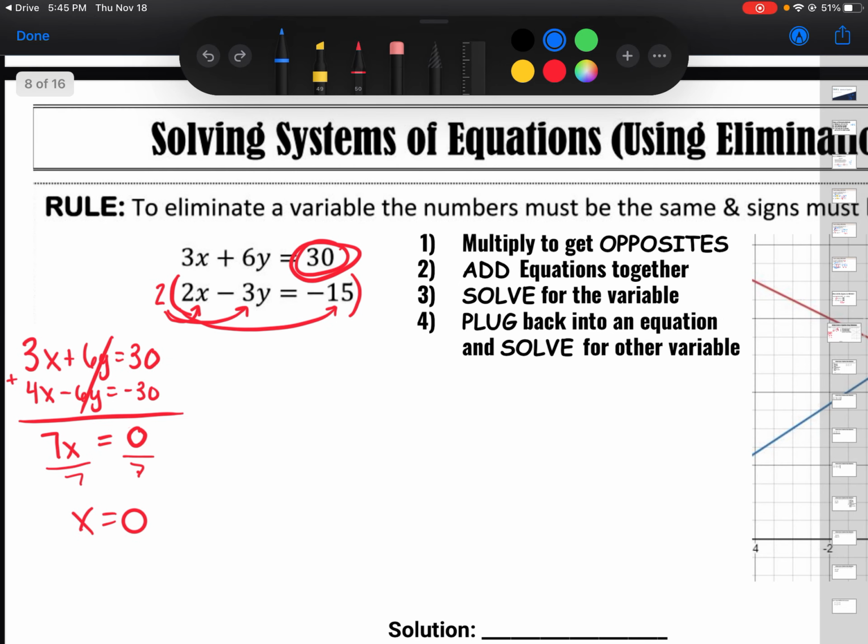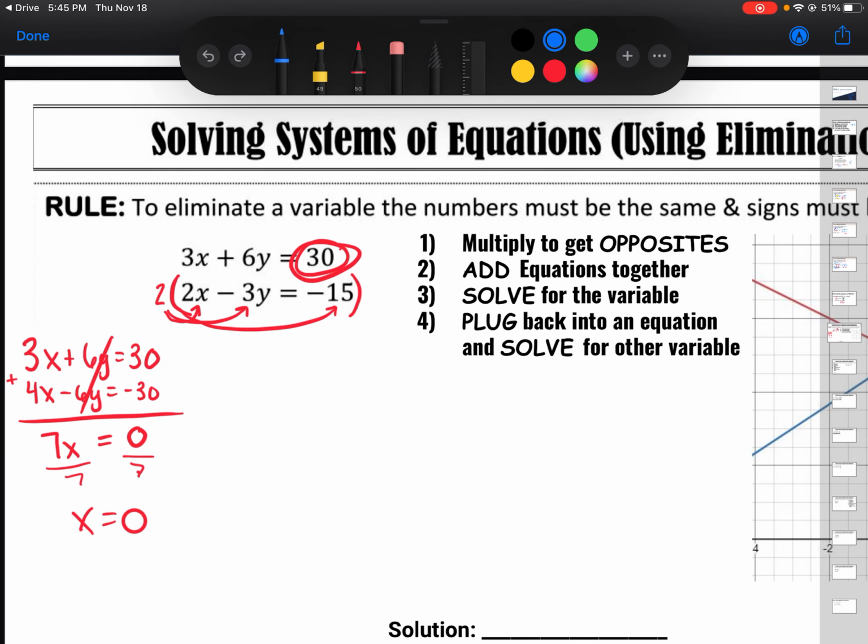Looking at my steps, multiply to get opposites, check, we did that. This was step 1. Step 2, add the equations together, did that. Step 3, solve for the variable, did that. Step 4, plug back into an equation and solve. So let's plug it back into our top equation. 3x plus 6y equals 30.